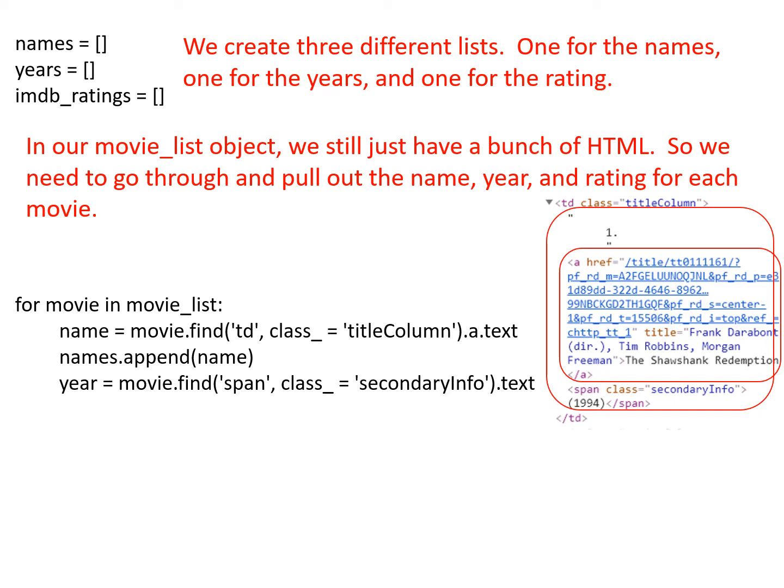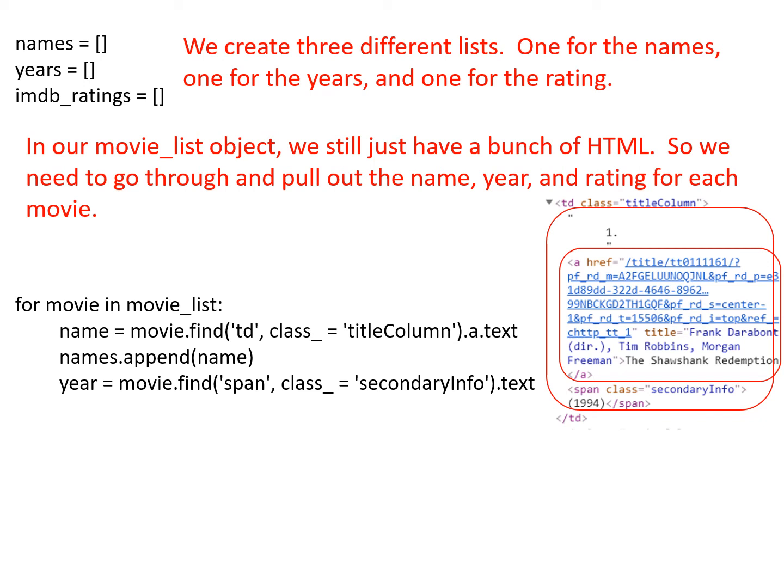Okay, now we'll do the same thing for year. How will we identify the year? Looking at the year, we see that the 1994 is inside a tag called span with the class of secondary info. So we'll say year equals movie.find span class secondary info, and we want just the text inside there, which would be the 1994.